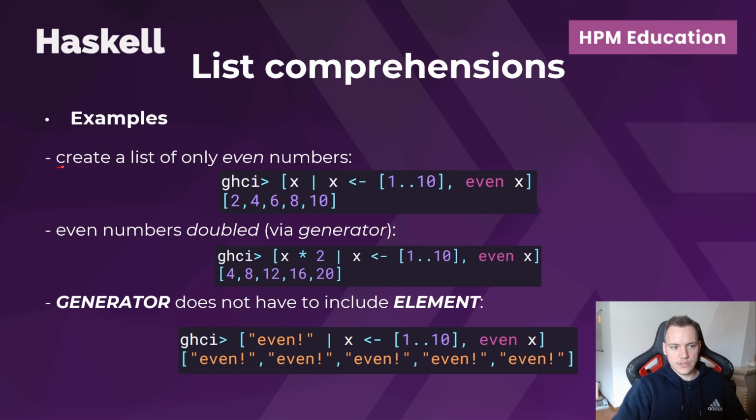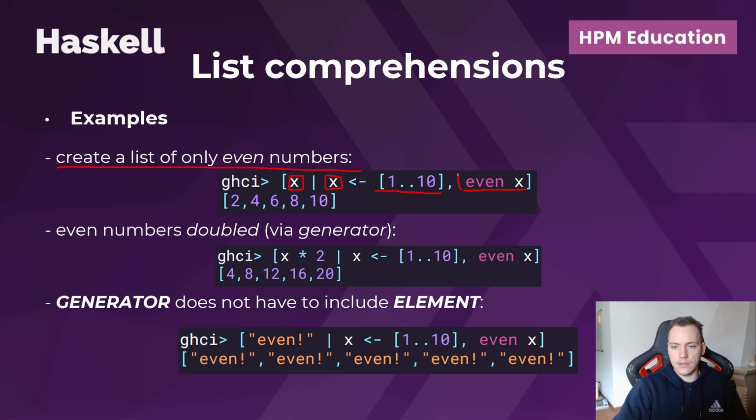So in the first example, we want to create a list that contains only the even numbers. So we have an initial list and we want to take only the even numbers from that list. In this case, we use x as the generator, where x is taken from this initial list that we defined here as the numbers 1 through 10. And then we have a predicate that the x element must satisfy to be considered as a generator, and that's that the number x is even.